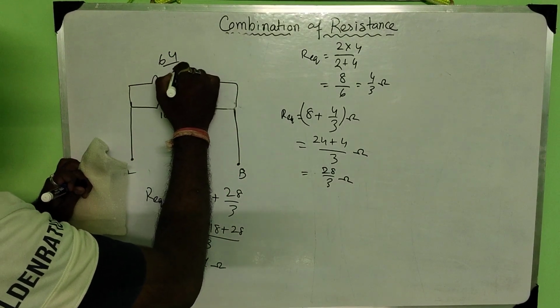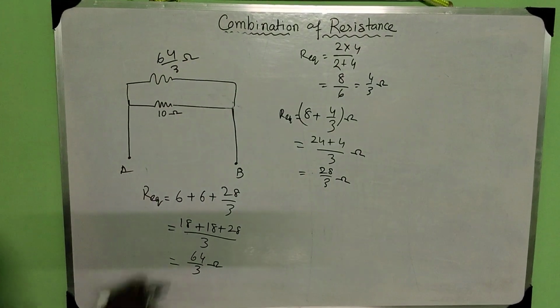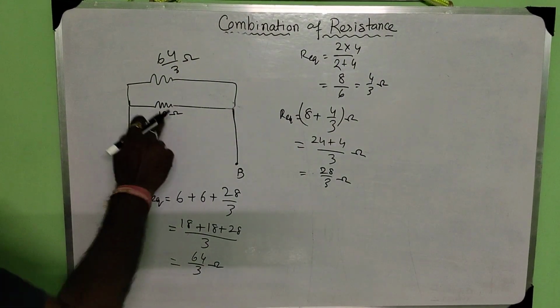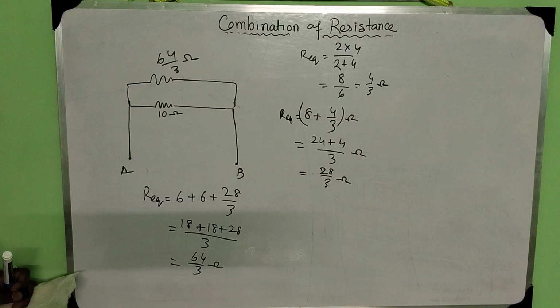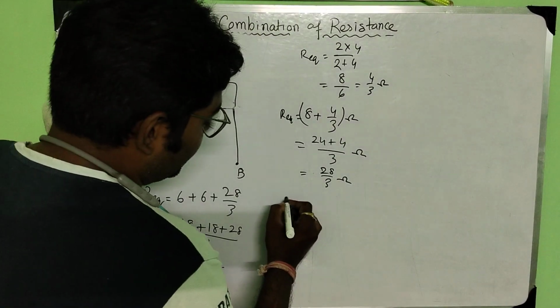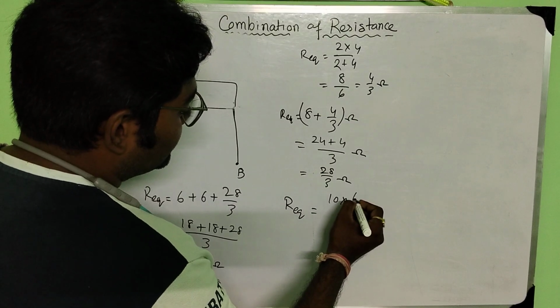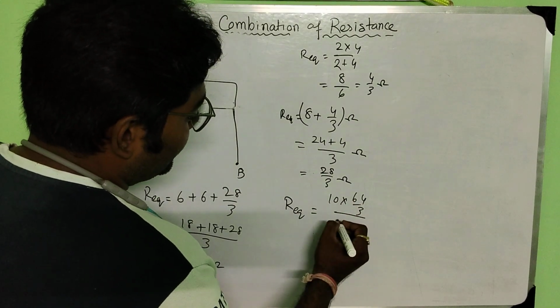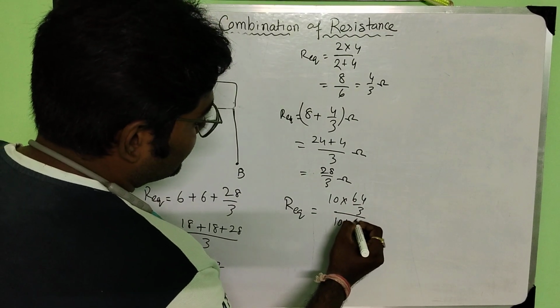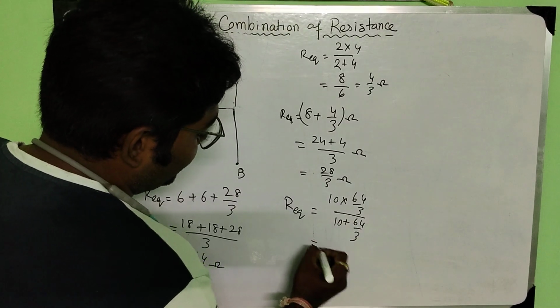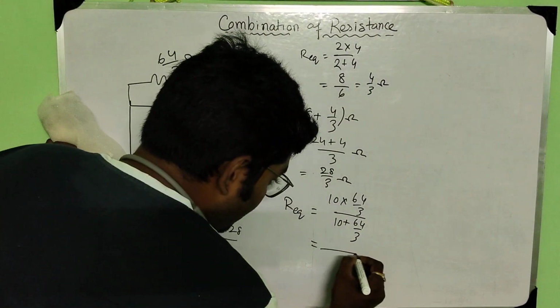So here I can write 64 by 3 ohm. Now this 64 by 3 ohm and 10 ohm, they are in parallel combination. Then in this case it will come as 10 into 64 by 3 over 10 plus 64 by 3.